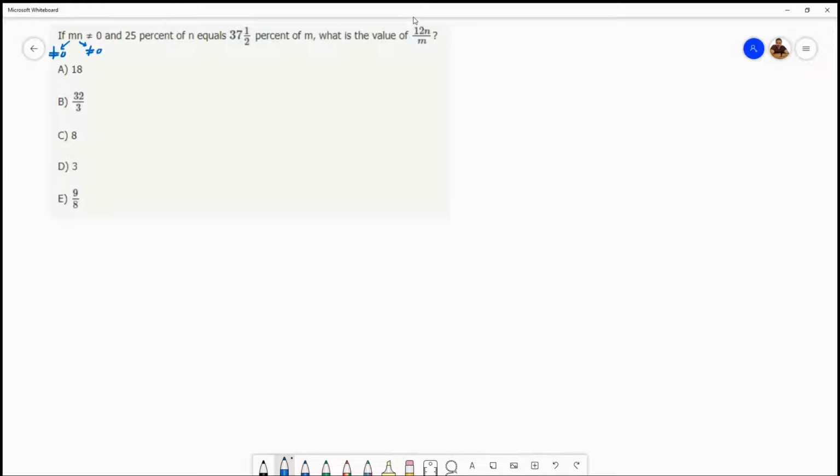All right. So let's see, can we convert this into an equation? We do have a relation between n and m here. What's the relation? 25% of n equals 37.5% of m.